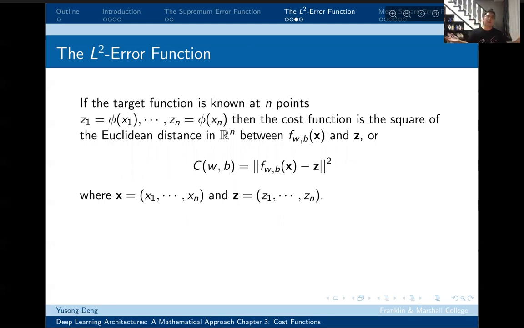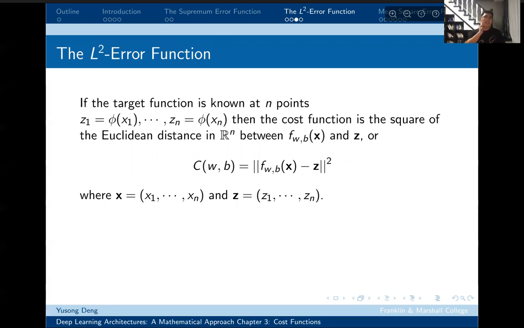But here are n points known, and say it still maps 0 to 0, it maps 1 to 0, it maps maybe 0.5 to 10,000, to a million, to a billion, whatever it is. Then the cost function is the square of the Euclidean distance in Rn between f and z. That is really amazing.